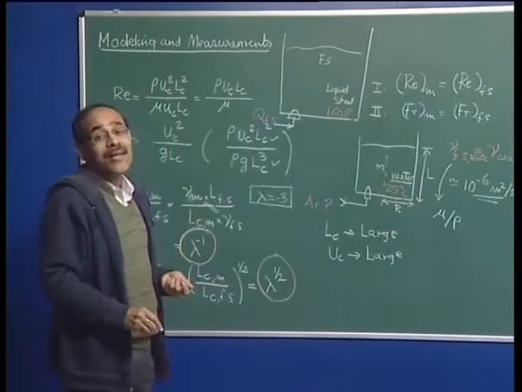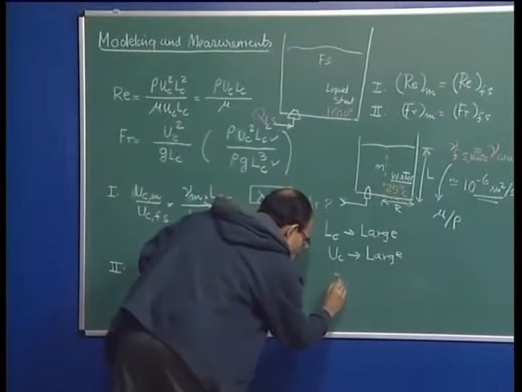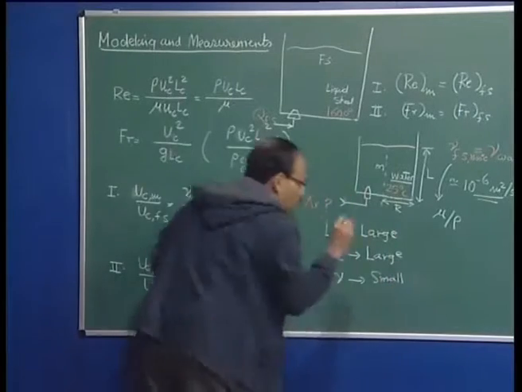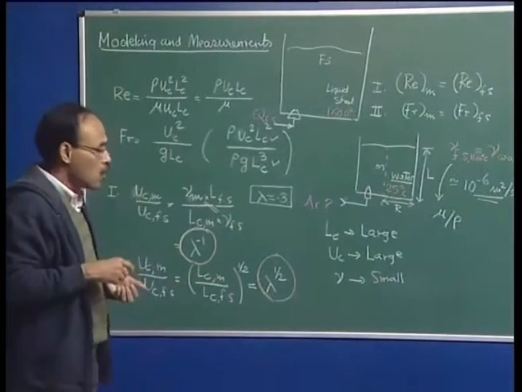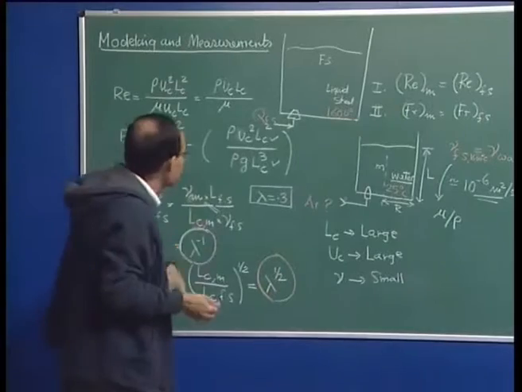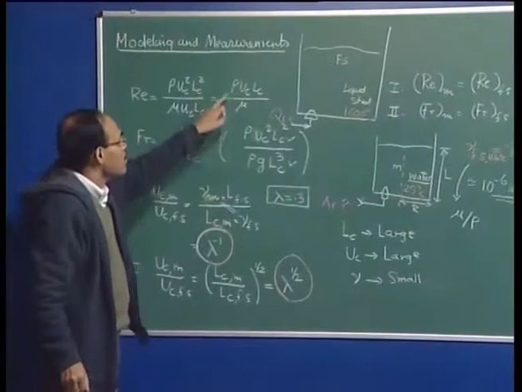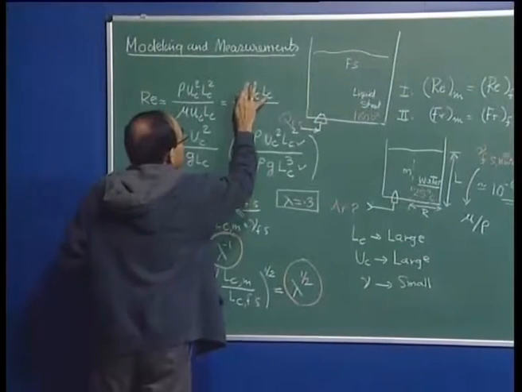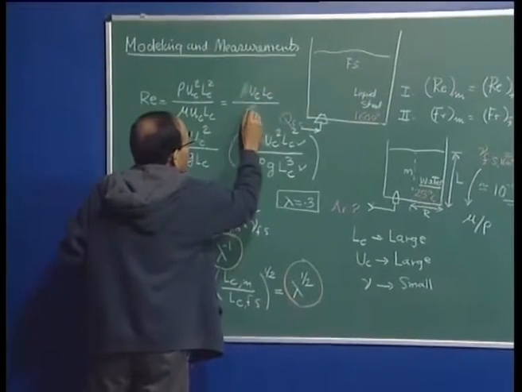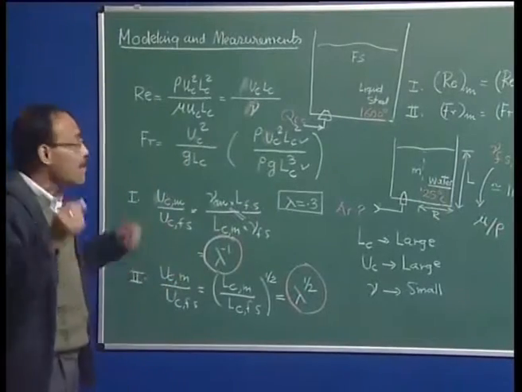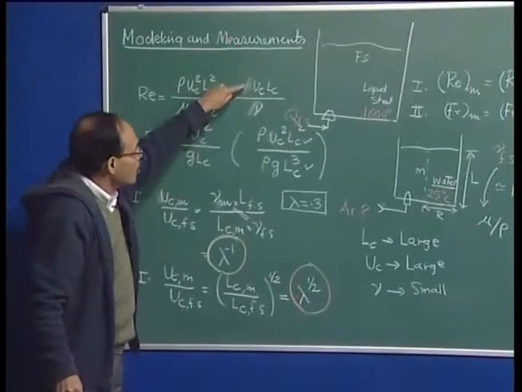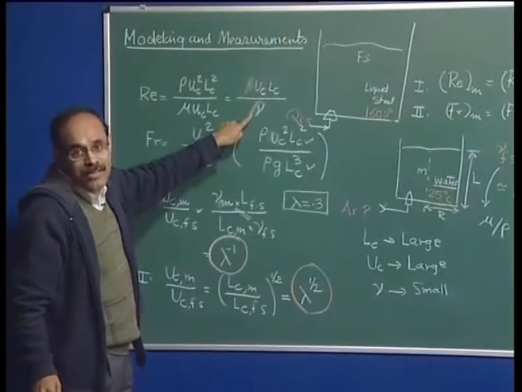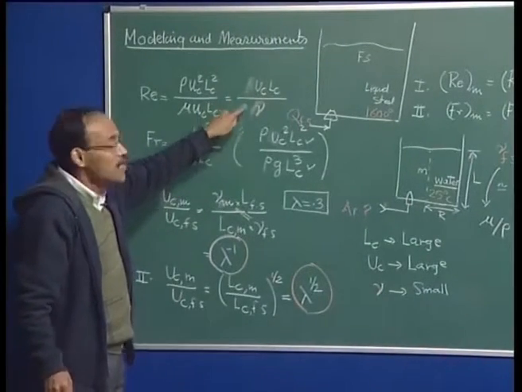And the kinematic viscosity is going to be extremely small. So, I have removed density and viscosity and replaced viscosity by the kinematic viscosity, which is viscosity divided by density.